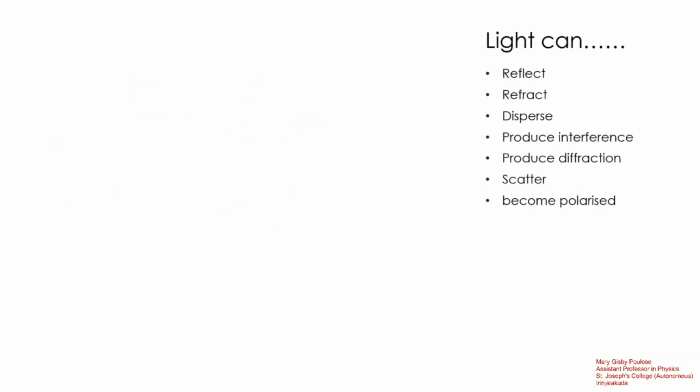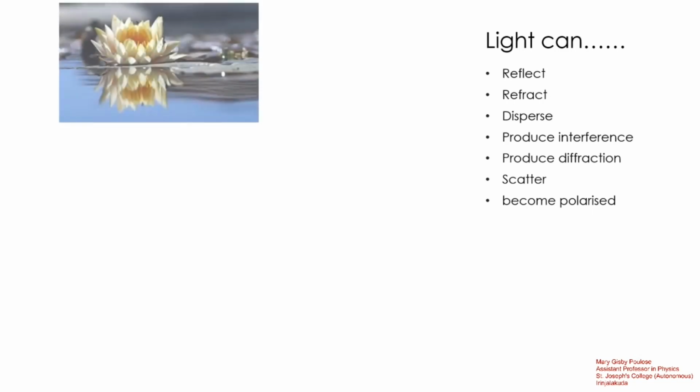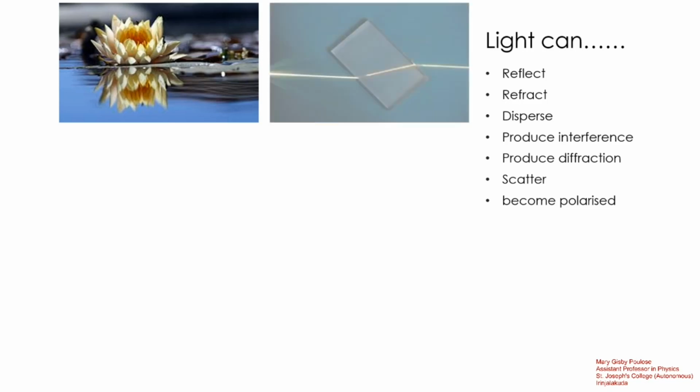Now let us see some of the properties of light. Light can reflect as shown here. The lotus upon the water, we can also see the reflection of the lotus on the water surface. Light can refract. When light passes through a glass block, it bends inside the glass block. That is, when it enters the glass block, it bends. Again, when it is exiting the glass block, it bends.